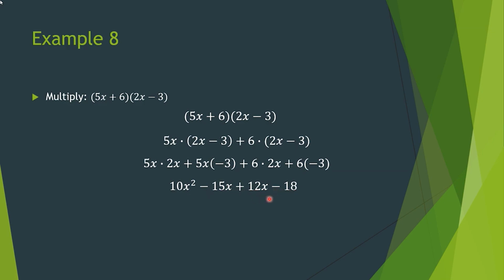And before you simplify these, again, 2 terms times 2 terms will give you 4 terms before you combine like terms. So here you have to combine like terms. Negative 15x plus 12x gives you negative 3x. The rest of those just come down. So that would be 10x squared minus 3x minus 18. And you're done.